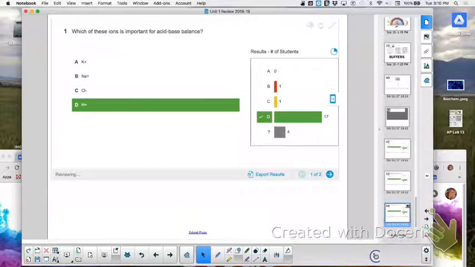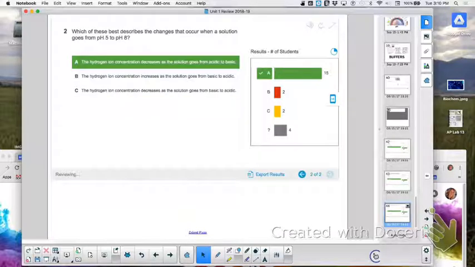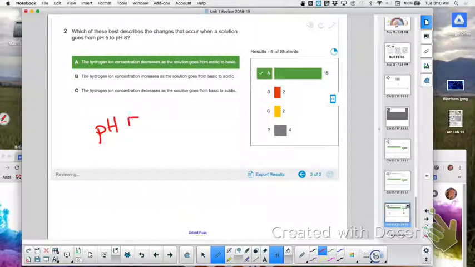Sodium and chloride are important for other things in the body, but it's hydrogen for acid base, right? And number 2, A. Questions? Yes. I guessed right, but why is it A? Okay, which of the best describes the changes that occur when a solution goes from a pH of 5 to a pH of 8?